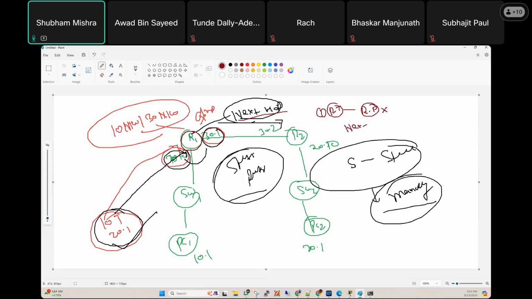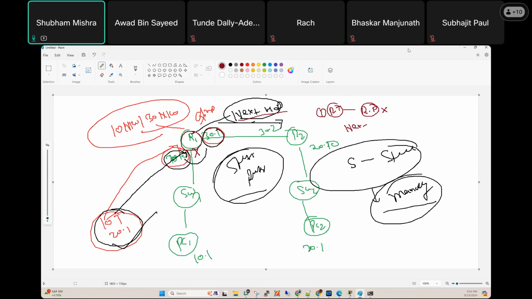If the router finds the next hop, it will forward this packet towards the next router. And if the router does not find the next hop, it will drop this packet. That is the meaning of next hop. Next hop means where I need to forward this packet next.